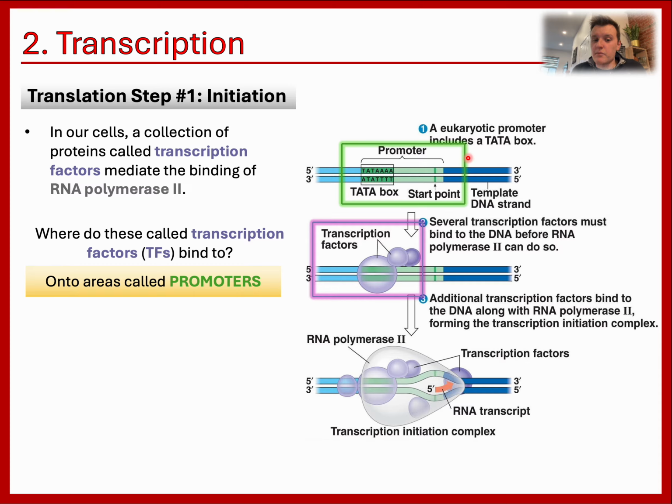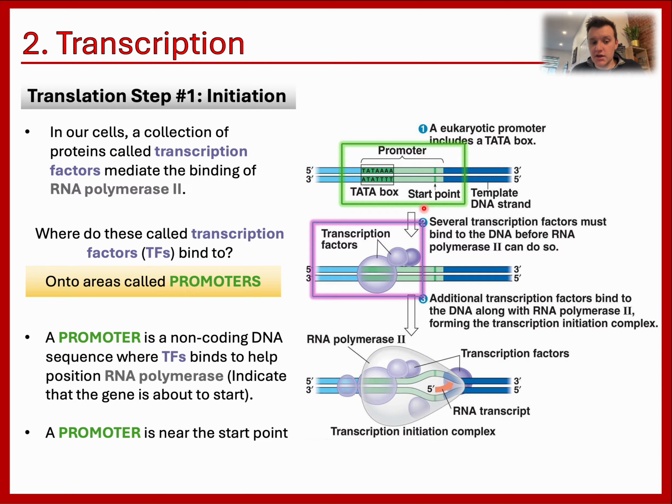It's called a promoter. It promotes the expression of the gene. So a promoter is a non-coding DNA. That means it does not get encoded as an mRNA. It's just a place where these transcription factors, these TFs, see the little purple things, they will go and bind onto this promoter region. Okay?